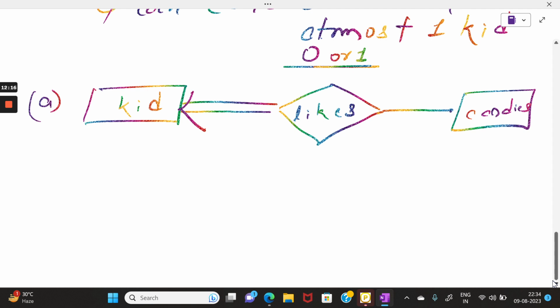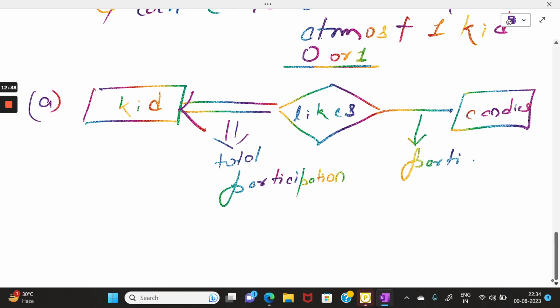We had something called double arrow and single arrow. So what does this signify? This signifies total participation, and this signifies partial participation.